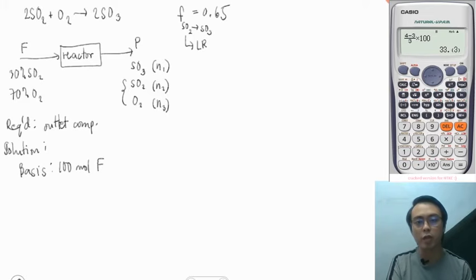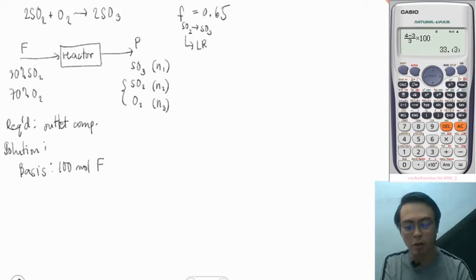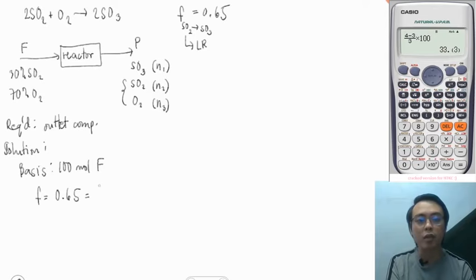Then let's go straight to the balances. Or better yet, let's first consider the definition of the fractional conversion. So the conversion is 0.65. But based on the formula that I gave earlier, this is the moles reacted over moles fed. It always pertains to the limiting reactant unless otherwise stated.